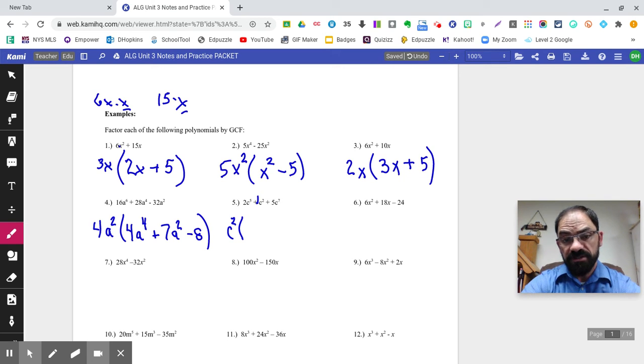So 5 minus 2 is 3. I'm going to have 2c cubed left there, plus c squared divided by c squared is 1, plus 7 minus 2 is 5, so 5c to the 5th.